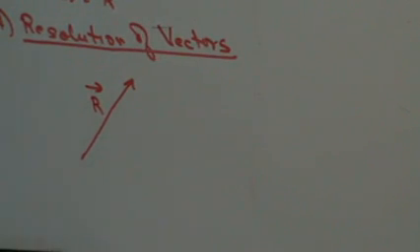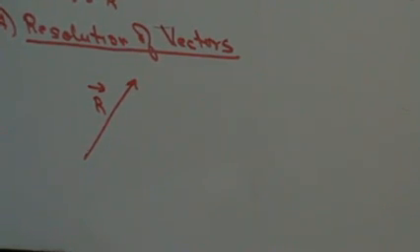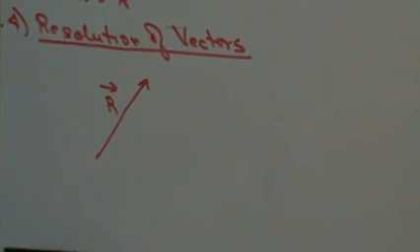What is the x component and what is the y component of this vector, and if there is a z component, that also. That process is called resolution of vector. What is resolution of vector? It is the process of splitting a given vector into its components.